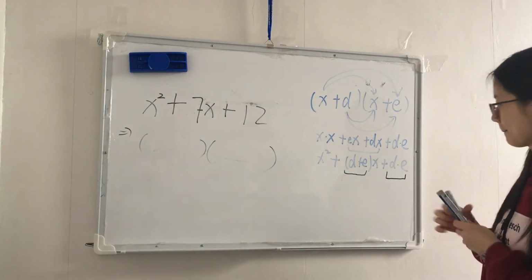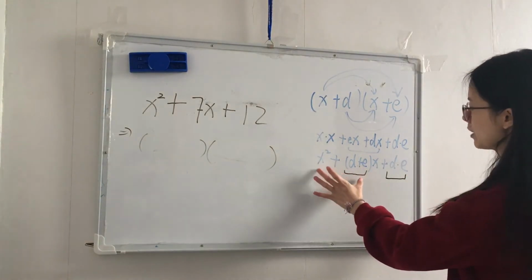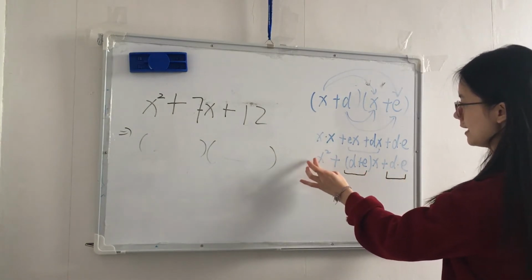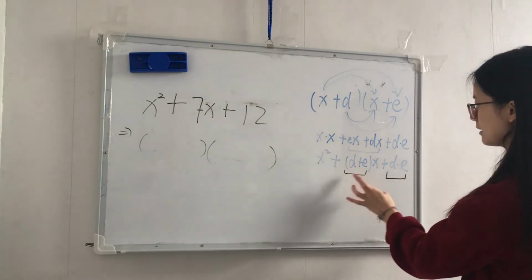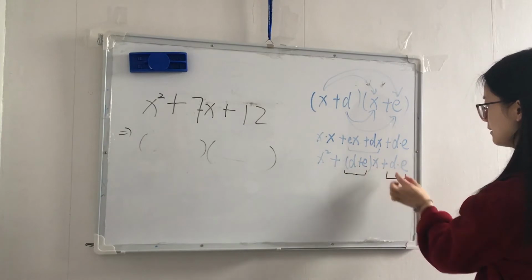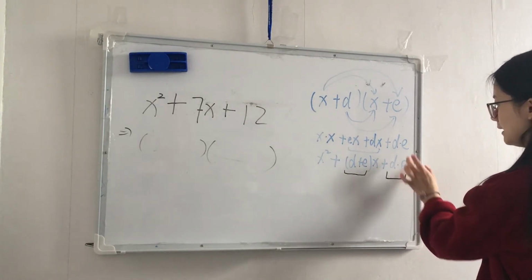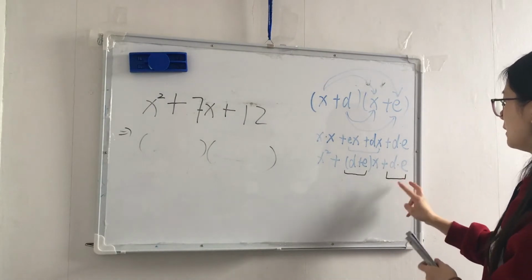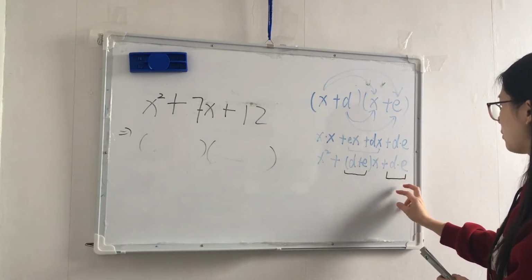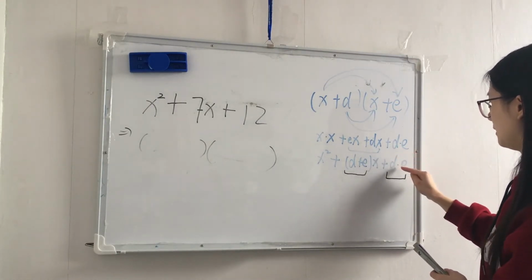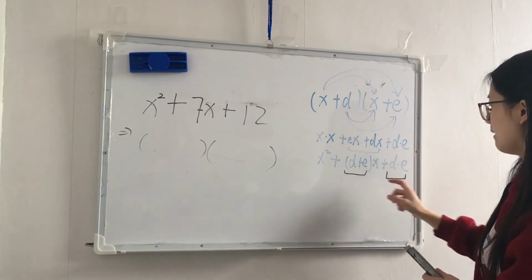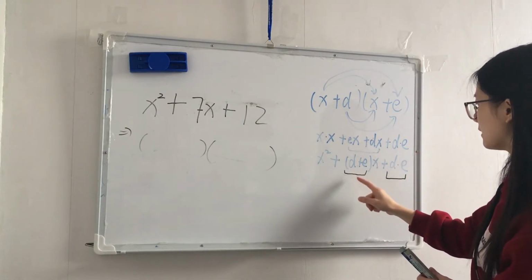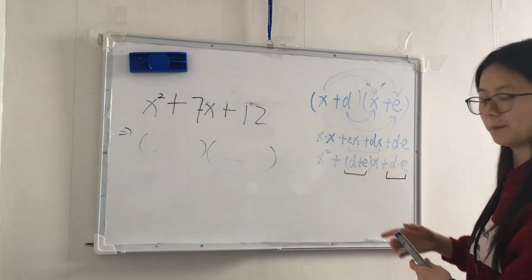What does that mean? If this is a trinomial, ax squared plus bx plus c, right? This is a constant, so that means we try to find two numbers that multiply to get this number, so it's d times e, and the two numbers add together to get the b term.